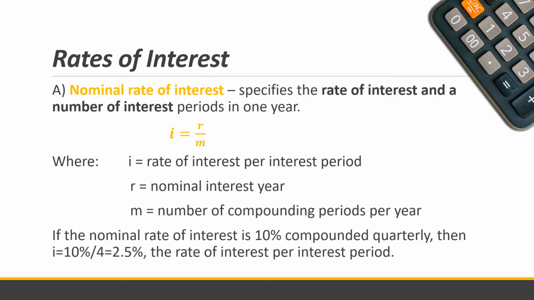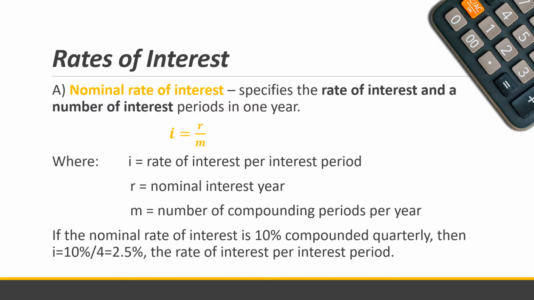Rate of interest. A nominal rate of interest specifies the rate of interest on a number of interest periods in 1 year, meaning I is equal to R over M, where I is the rate of interest per interest period, R is the nominal interest rate, and M is the number of compounding periods per year. If the nominal rate of interest is 10% compounded quarterly, then I is equal to 10% divided by 4, that is 2.5%, the rate of interest per interest period.